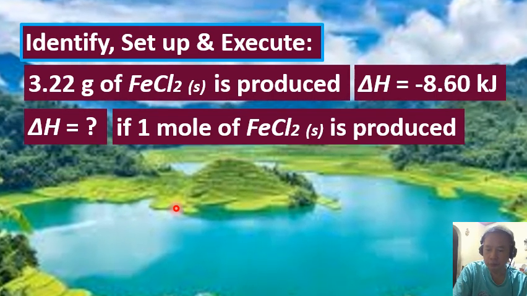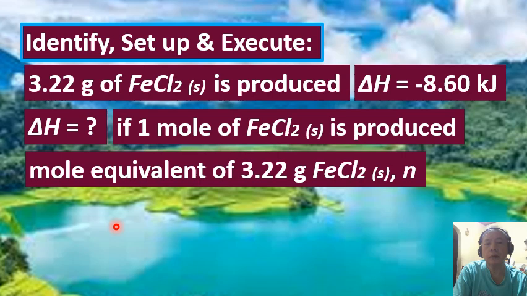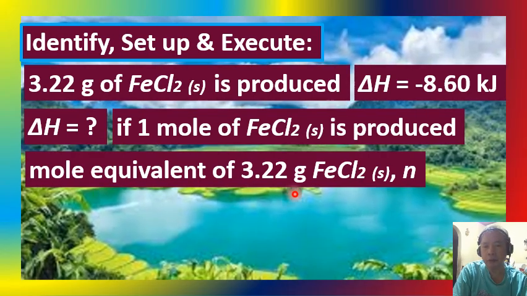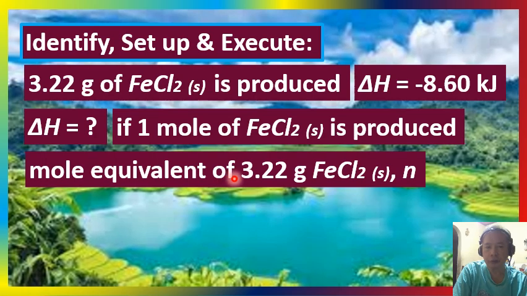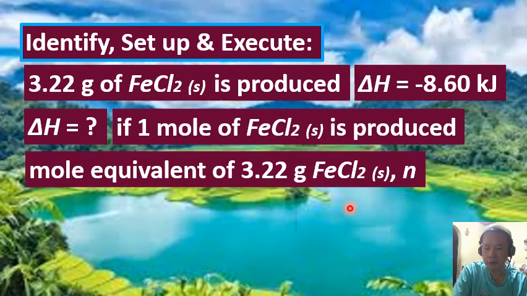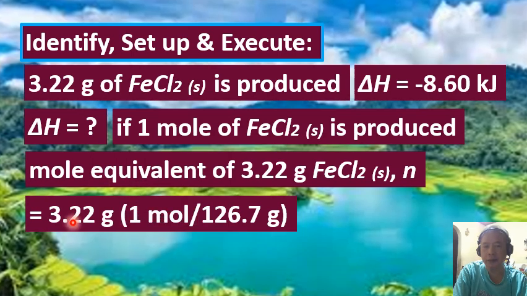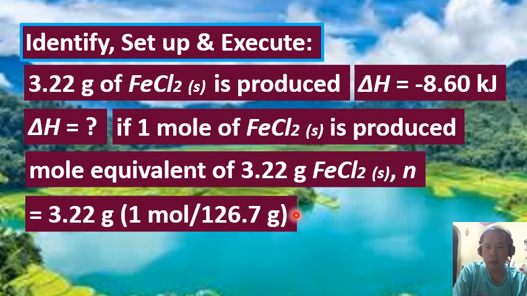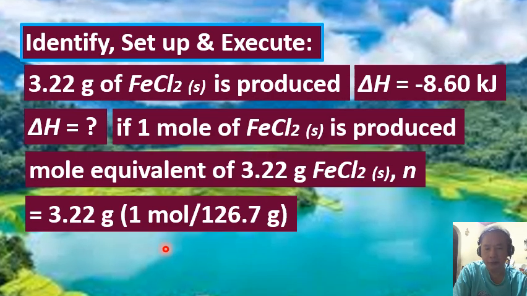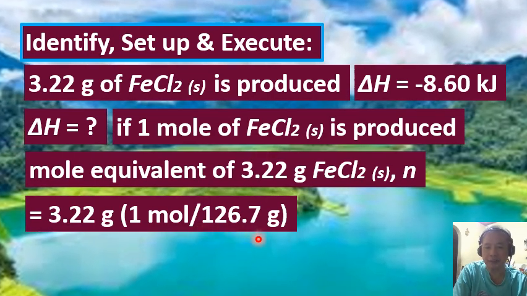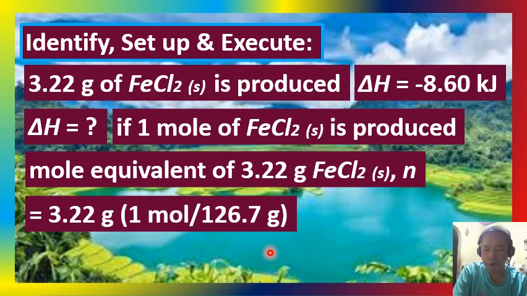So we first determine the mole equivalent of the amount of the product, 3.22 grams of ferrous chloride. And that is simply dividing 3.22 grams by the molar mass of ferrous chloride, 126.7 grams per mole.